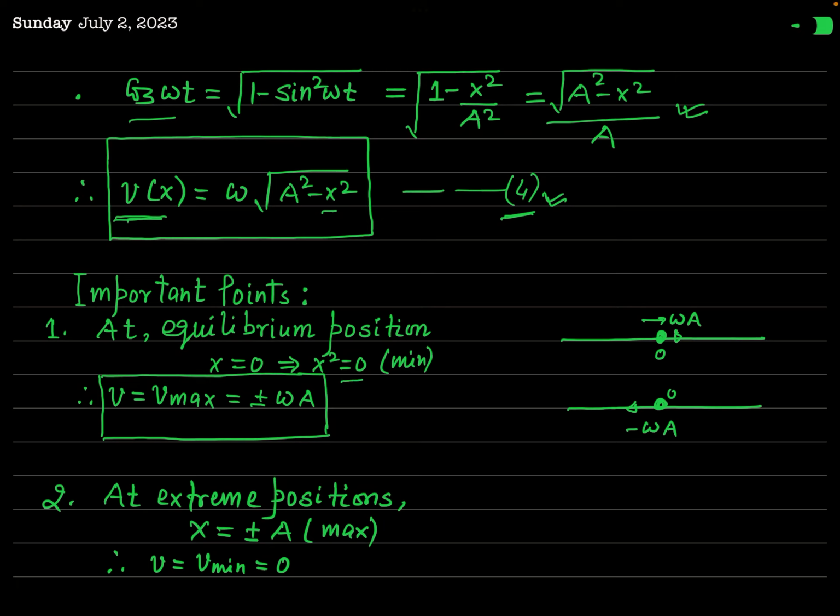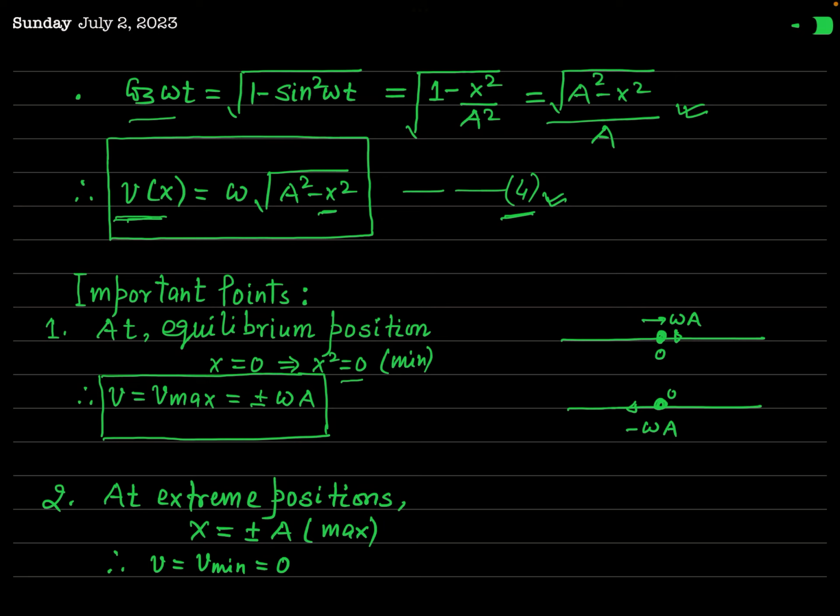And you know, x square equal to 0 is the minimum value of x square. Why? Because any square is never negative. So, the minimum value of any perfect square is always equal to 0. Okay? And in the expression of velocity, you are seeing that before x square there is a minus sign.